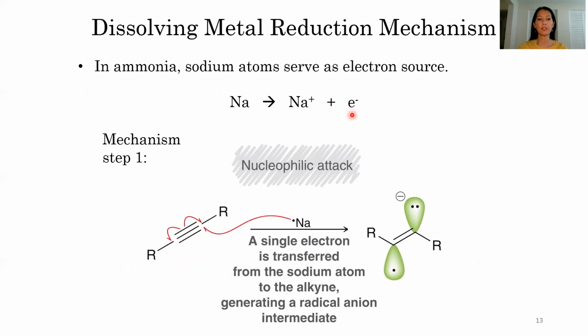Sodium can give up an electron, and it can react with the alkene. So what first happens is a pi bond breaks, and just look at these fishhook arrows. You'll get a carbanion here on one side, and then on the other carbon you have a radical. So you have this radical anion intermediate.